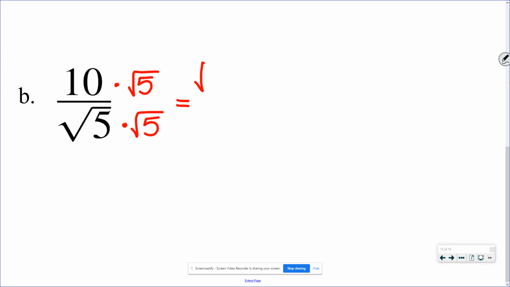Instead, you're going to write it with the 10 on the outside and the radical 5 on the inside. The 10's a whole number and the 5's inside a square root. They can't be combined together other than just like this. The two bottom numbers, however, are both inside of radicals, so you are allowed to multiply them together to get radical 25.